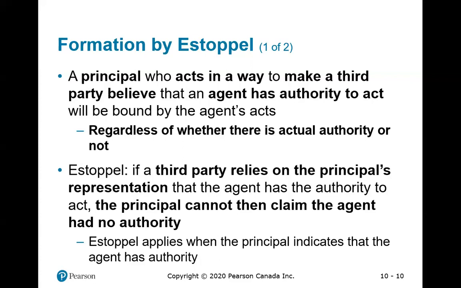They may come and discipline me, they may work with me, but because of apparent authority, whatever I do on behalf of BCAT binds them. They cannot deny. The same thing applies for a purchasing agent, for a selling agent, for a Tim Hortons employee, for whoever works or acts as an agent.